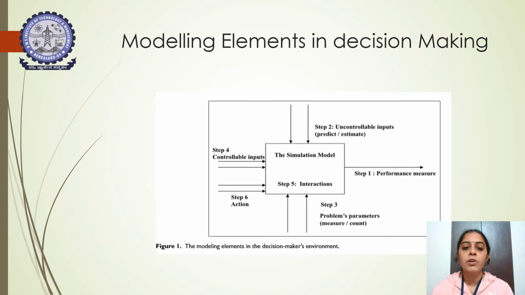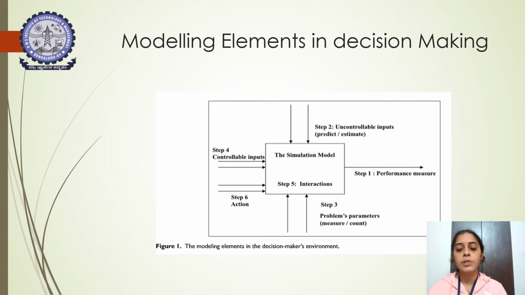Here we are not focusing on the controllable part. Only the uncontrollable inputs have to be predicted. Once predicted, they have to be estimated: which are the uncontrollable input parameters you have in a particular part that you are going to manufacture, right? And then you come to step 3, where you identify the problem parameters.